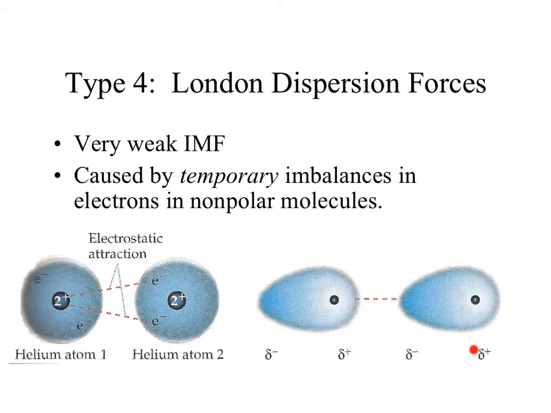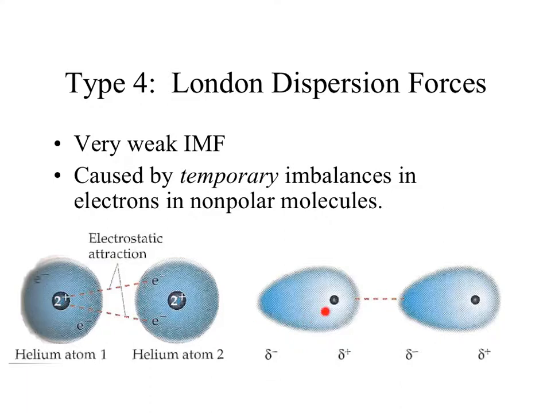So you're getting a little bit of polarity just for a moment when the electrons line up just so. So it happens, but it's very fleeting. And then it goes back to just being all evenly distributed.